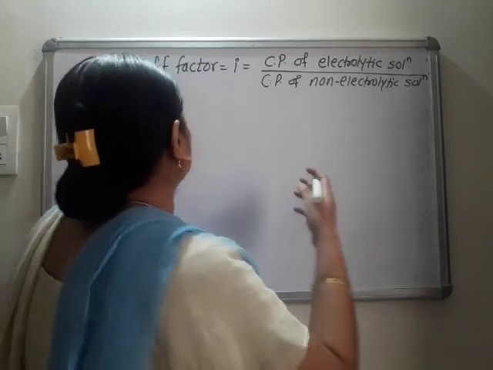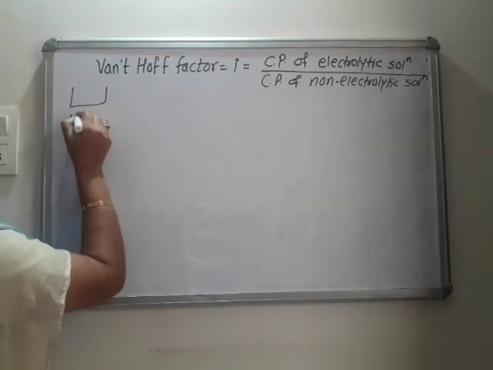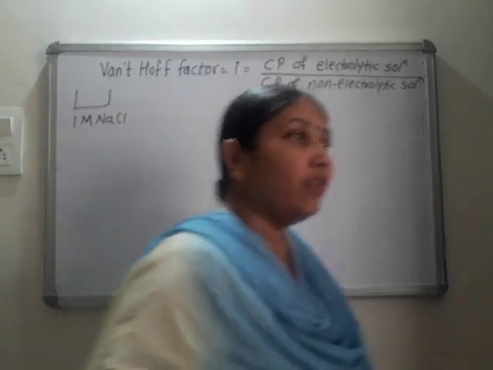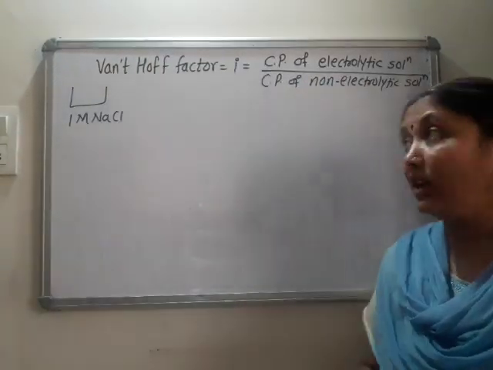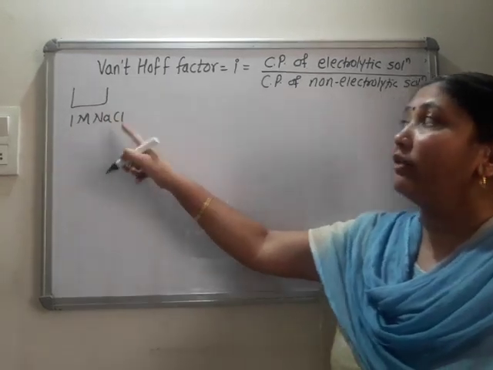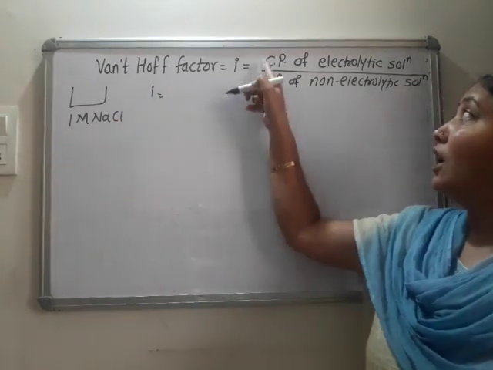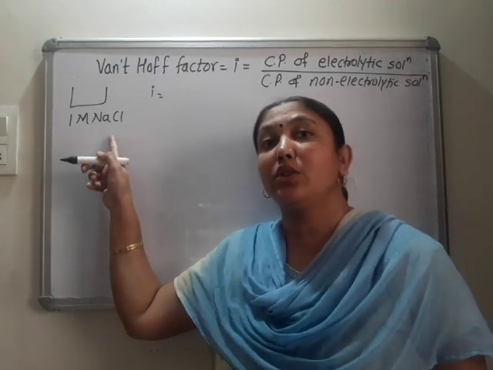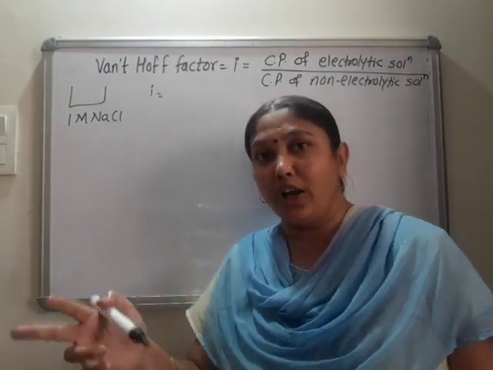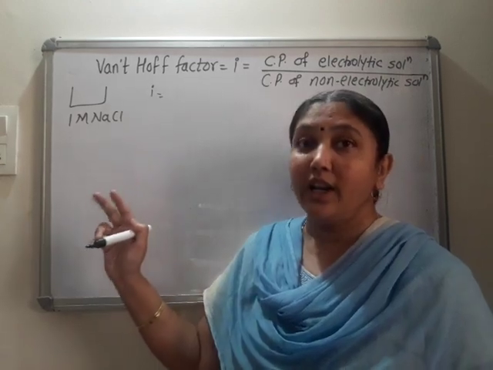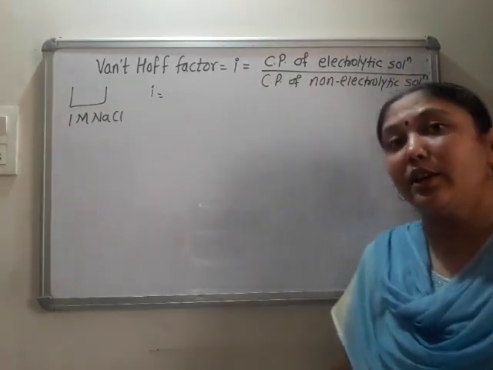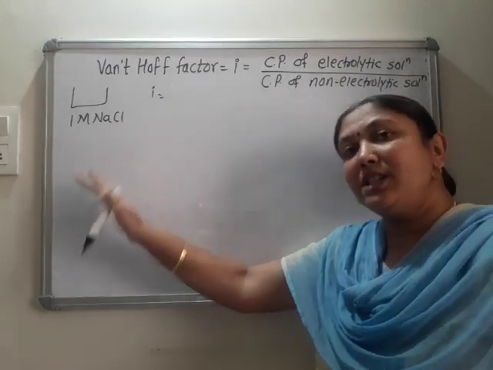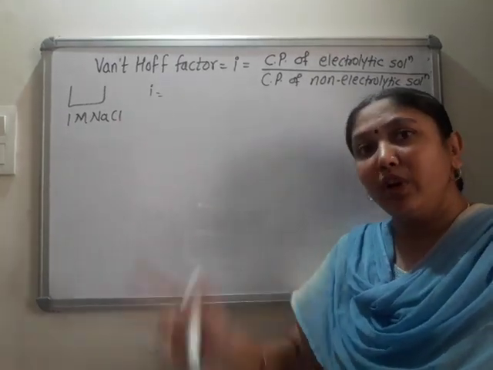Suppose, same example, here we have taken 1 molar NaCl. So NaCl splits to give two particles. So what is the Van 't Hoff factor for this NaCl? The colligative property of the electrolytic solution means it contains two particles when it is behaving as an electrolyte, and when it is not behaving as an electrolyte, we are thinking that it is not split, it remains as it is, so we expect 1 molar solution.